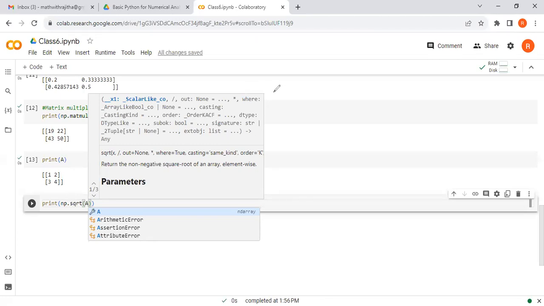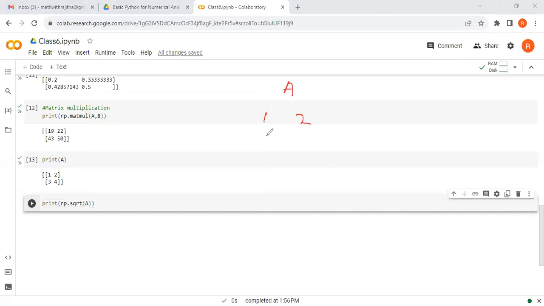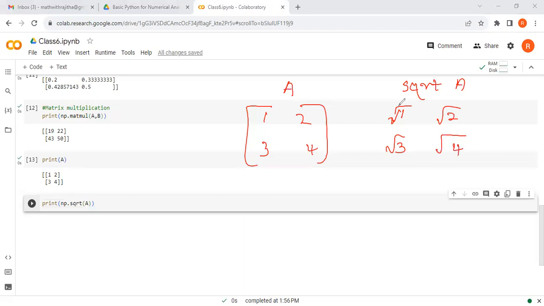And we have the A matrix here, 1, 2, 3, 4. Square root of A is obtained by getting the square root of each entry: square root of 1, square root of 2, square root of 3, square root of 4.